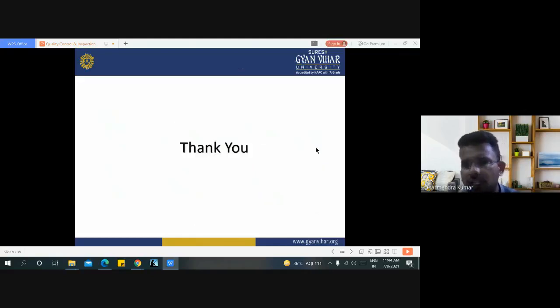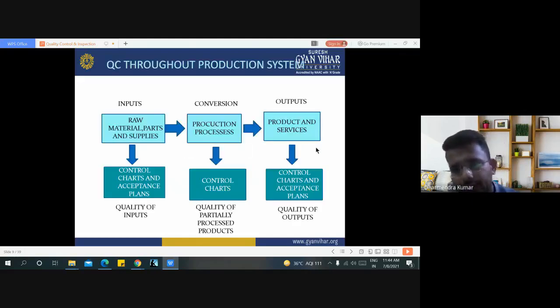And for the final product and service, when we get it from the manufacturing plant or production unit, we check the quality of outputs. Here we also make a control chart and acceptance plans, to see how much deviation of quality of any product occurs when compared to our prescribed characteristics of that product.